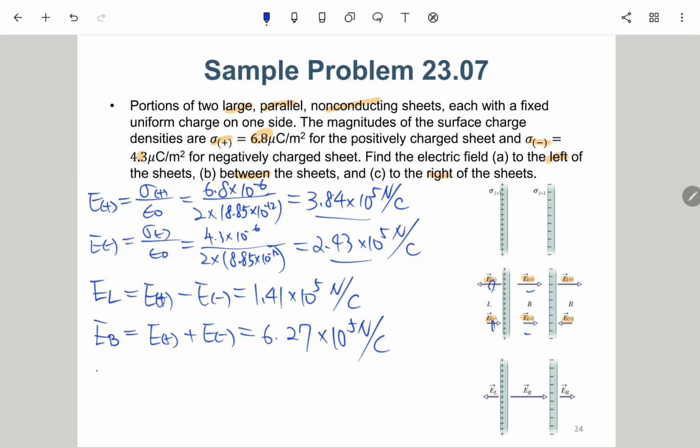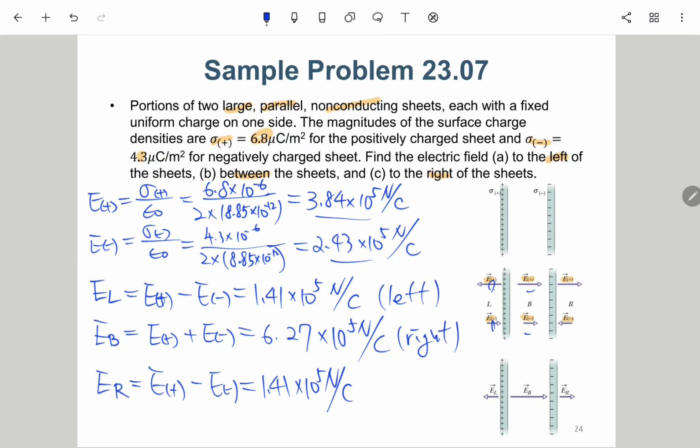And finally E right is also E plus minus E minus, which is again 1.41 times 10 to the 5th N over C. As we can see, this one points to the left, this one points to the right, and this one also points to the right.